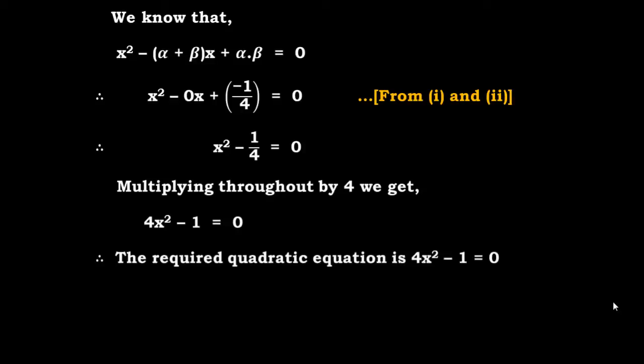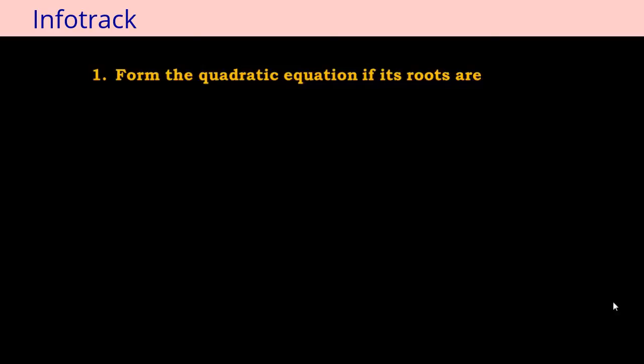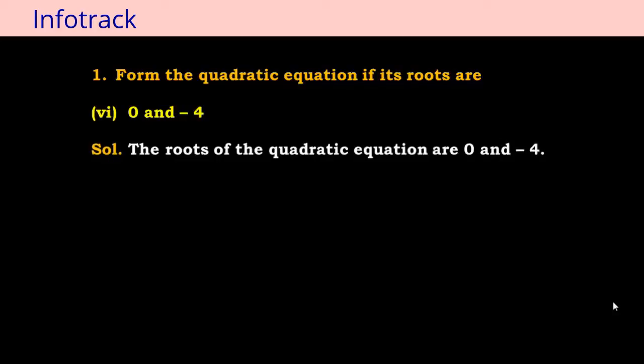So the required quadratic equation is 4x square minus 1 is equal to 0. See the next question. Form the quadratic equation if the roots are 0 and minus 4. Now we can write the roots of the quadratic equation are 0 and minus 4. Let alpha is equal to 0 and beta is equal to minus 4.